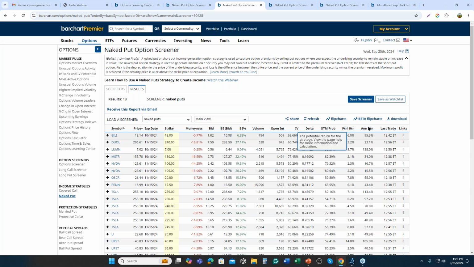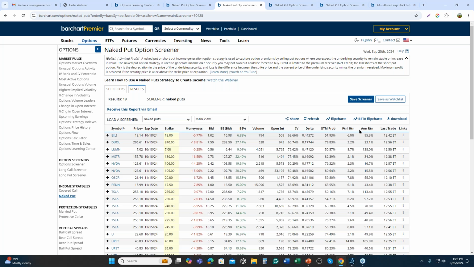Now, when we talk about potential returns or annual returns, we want to think about a minimum or maximum acceptable return, what our maximal profit could be and what we deem as acceptable. Most traders use a rule of about 12 to 15% annualized.